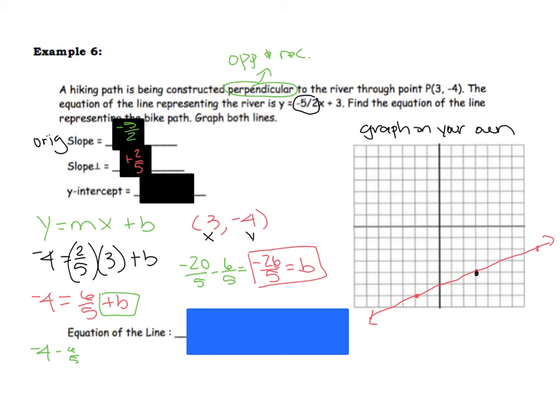So it's always a little bit easier if we change that into a decimal, which gives -5.2. So notice I was correct in saying that that's not exactly at -5 for the y-intercept. It's actually a little bit lower at -5.2. So the equation of this line that's going to be perpendicular to the river is y equals 2/5 x minus 5.2.